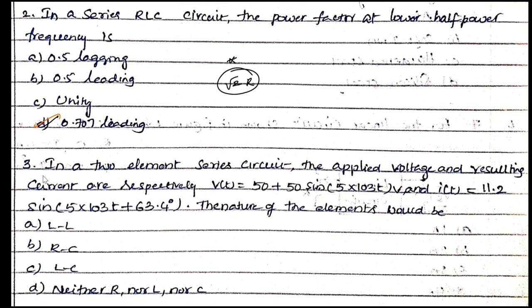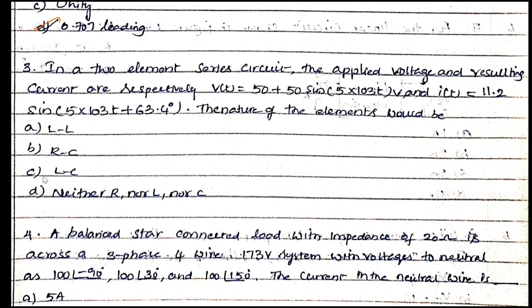Next question. In a two element series circuit, the applied voltage and the resulting current are respectively v of t is equal to 50 plus 50 sine 5 into 10 to the power 3 t volts, and i of t is equal to 11.2 sine 5 into 10 to the power 3 t plus 63.4 degrees.